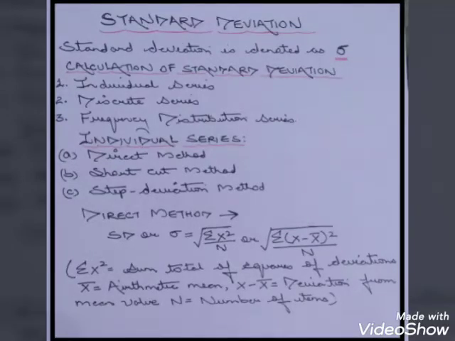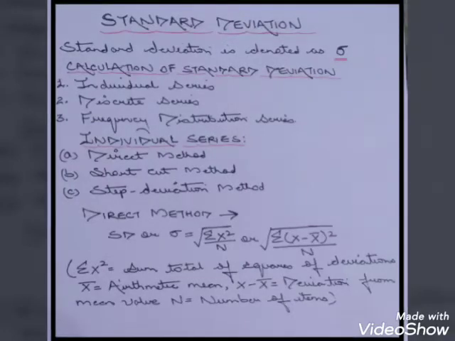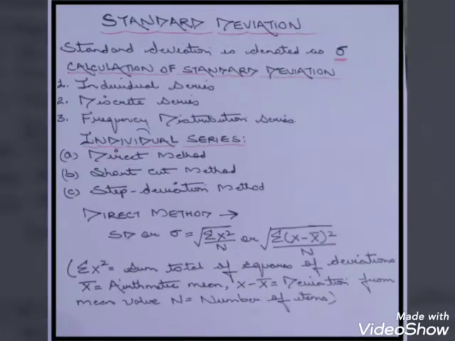X bar is, you all know, arithmetic mean. X minus x bar is deviation from mean value, and n is the number of items. Right?